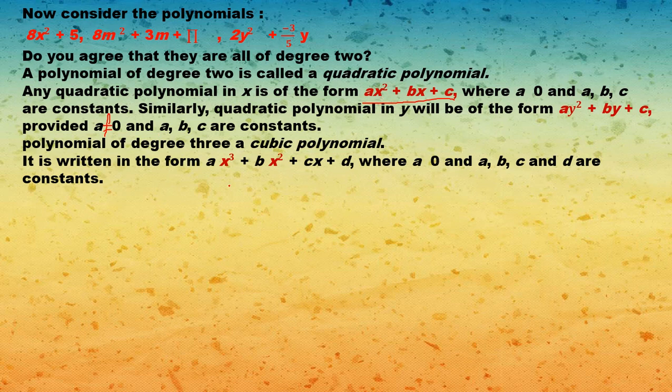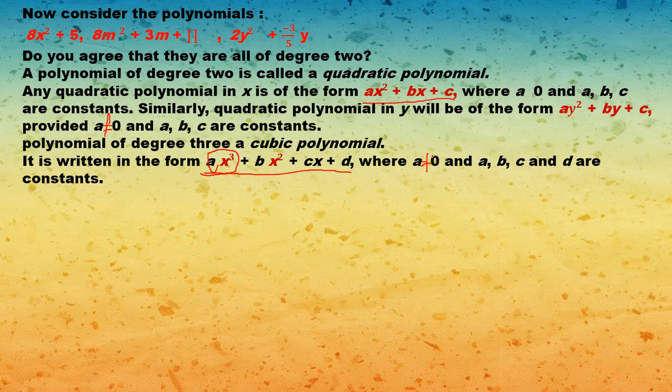Similarly, for the cubic polynomial, the standard form is ax cube plus bx square plus cx plus d. Again the same condition: the highest degree of this cubic polynomial is 3, so whatever the numeric value associated with x cube must not be 0. If a is 0, it will not become a cubic polynomial.